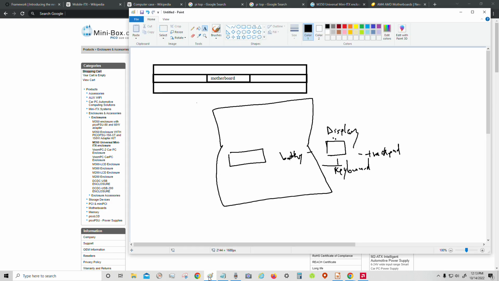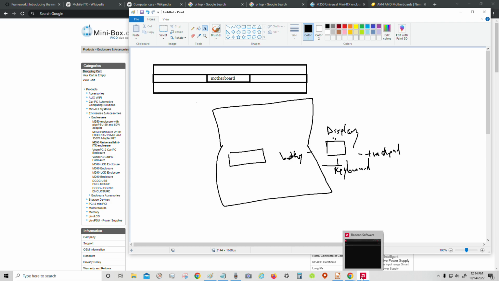So I made a little design here, and this is the front. Well, this is the side view. So if you're looking at a laptop, of course this is a really thick laptop. I kind of split it up into different sections to illustrate what could be modular in this case.